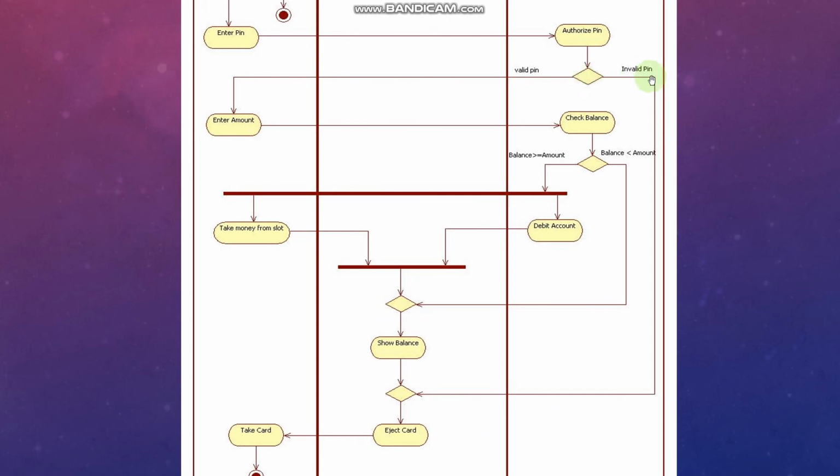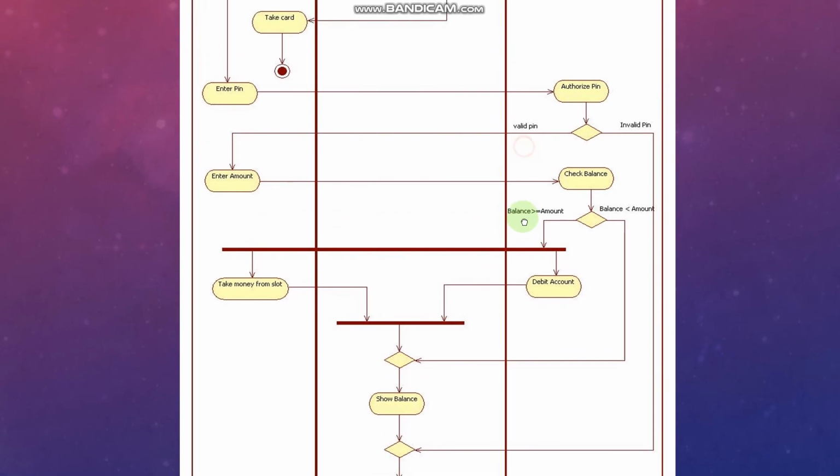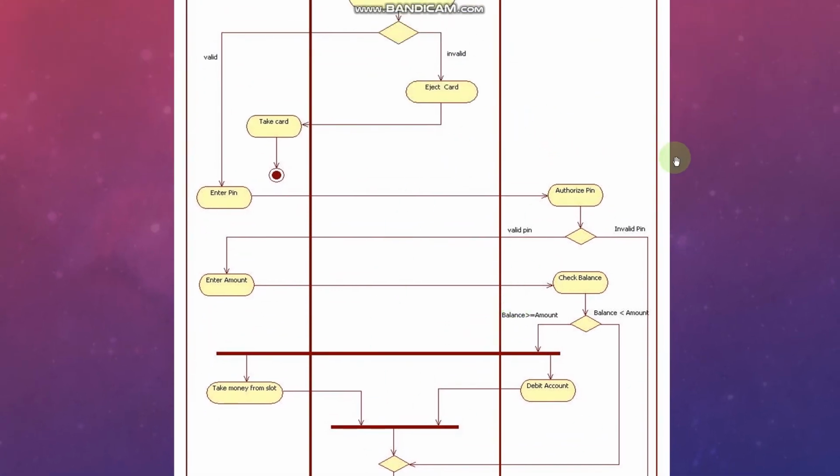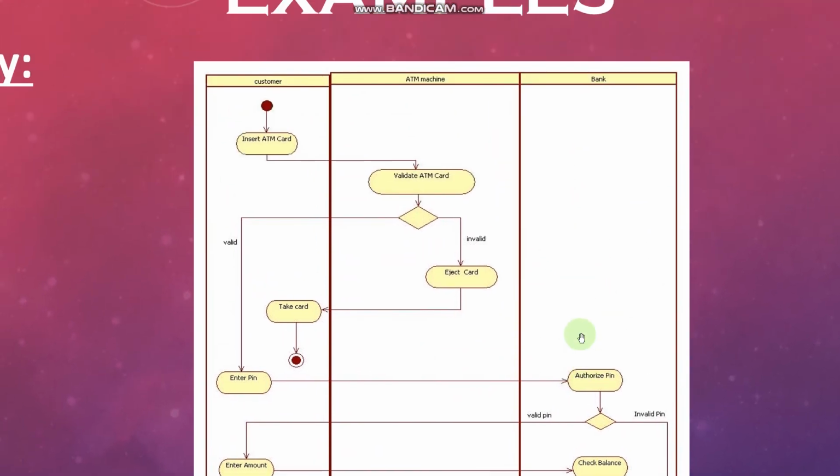If the PIN is invalid, then it goes straight to the last merge box, and this merge box then goes to eject card and then take card. One thing we must note in this is how the activities related to those roles are drawn in the respective lane.